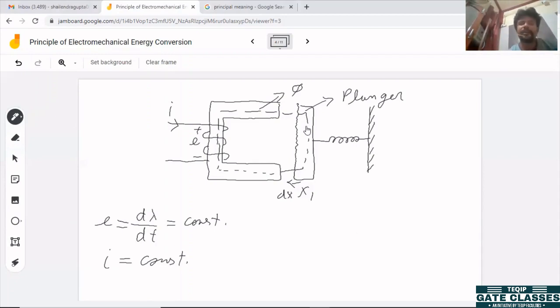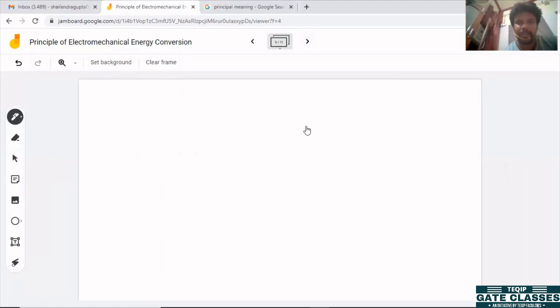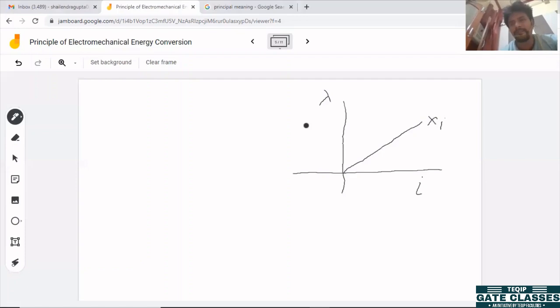We can make the I lambda curve for the two positions of the plunger as given here. For the initial displacement, let us say this is our I lambda curve, and when the plunger is displaced by dx length, the reluctance of the path will be less and higher flux can be taken out with the same current.